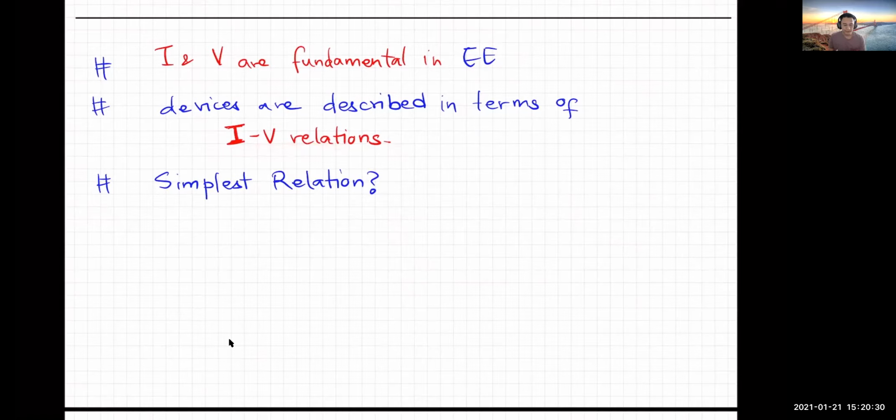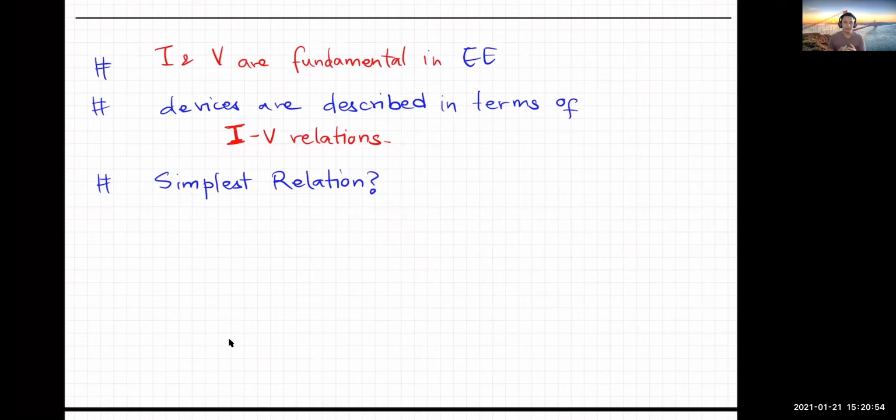And you can have any kind of relation between current and voltage, right? You can have exponential, you can have piecewise functions of current and voltage, you can have a simple linear function, right?